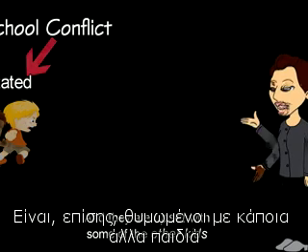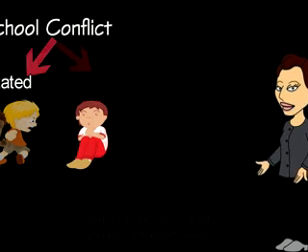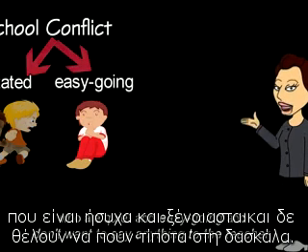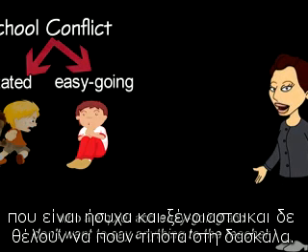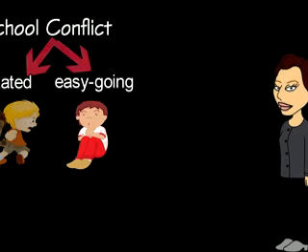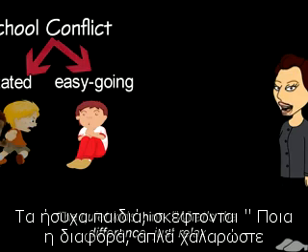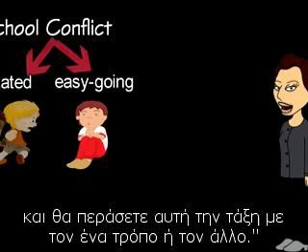And they are upset with some of the other kids who are quiet and easygoing and don't want to say anything to the teacher. The quiet kids think, what's the difference, just relax, and you'll get through this class, one way or another.